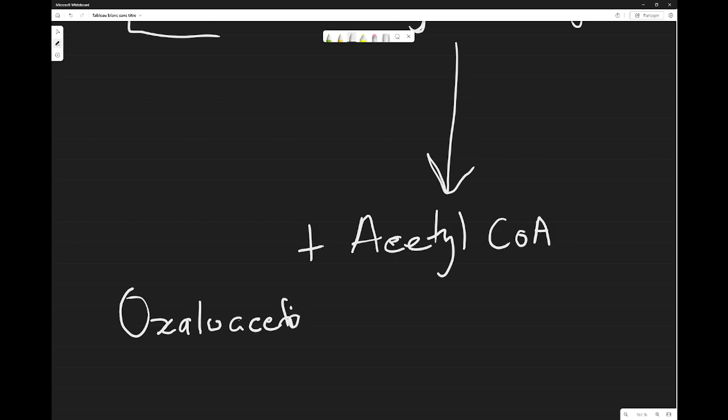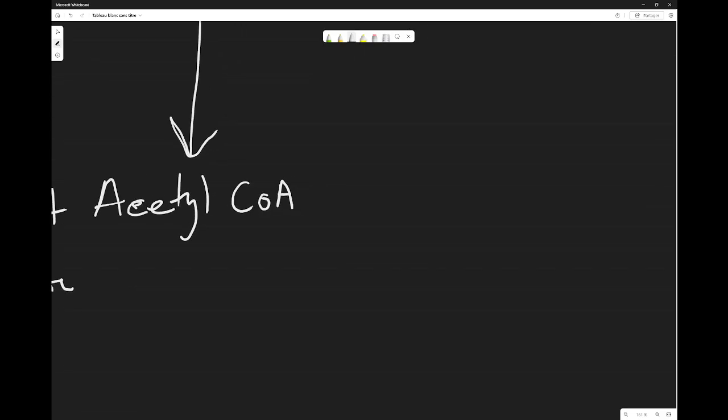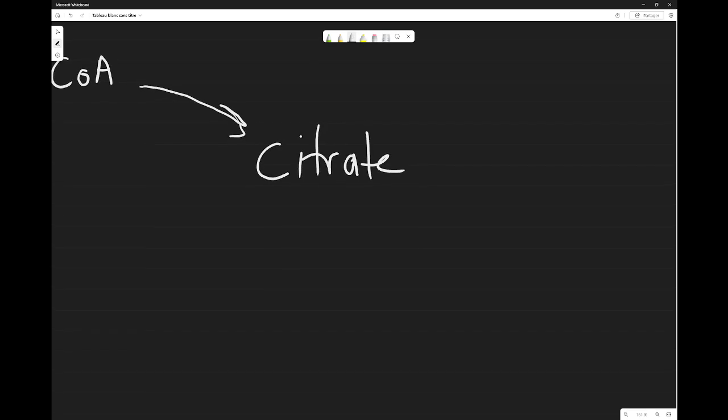I'm just gonna use the salts though for this, oxaloacetate, right? So it combines with oxaloacetate, and this would give us citrate, also known as citric acid, right? That's why it's sometimes known as the citric acid cycle.